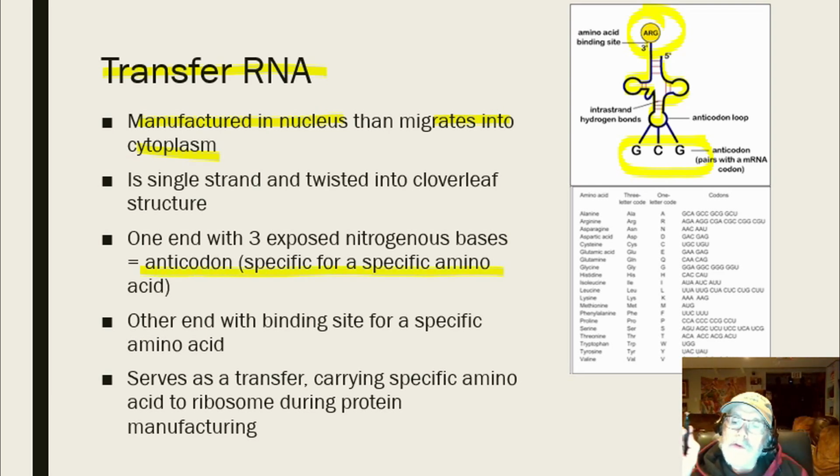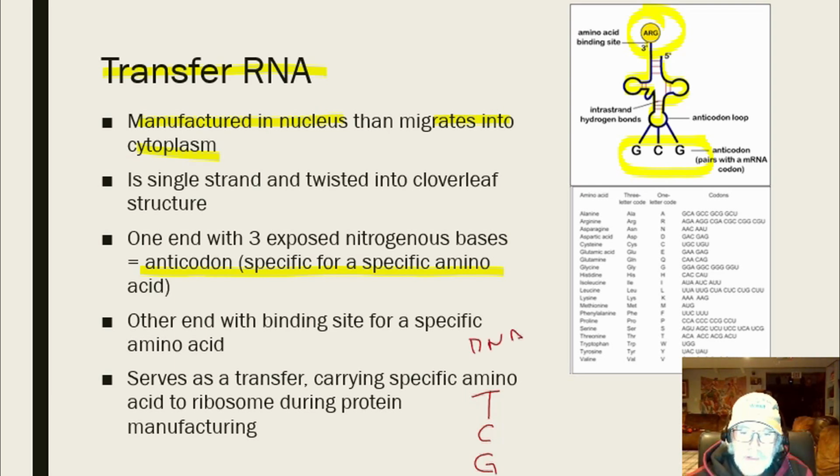You remember that what happens was that the code for a specific amino acid on the DNA, let's say we have a thymine, a cytosine, and a guanine. Okay, so that was on my DNA.